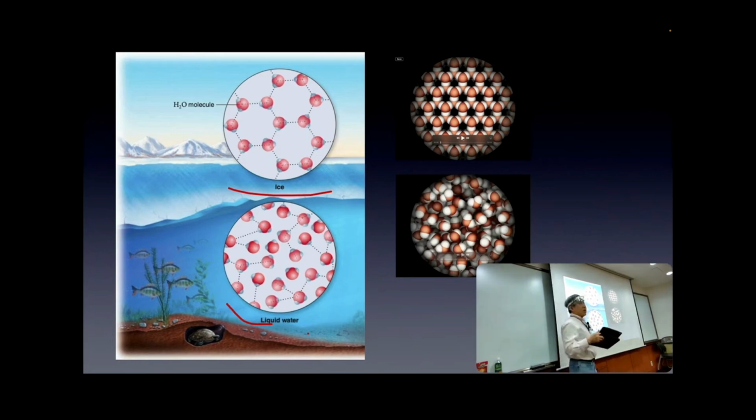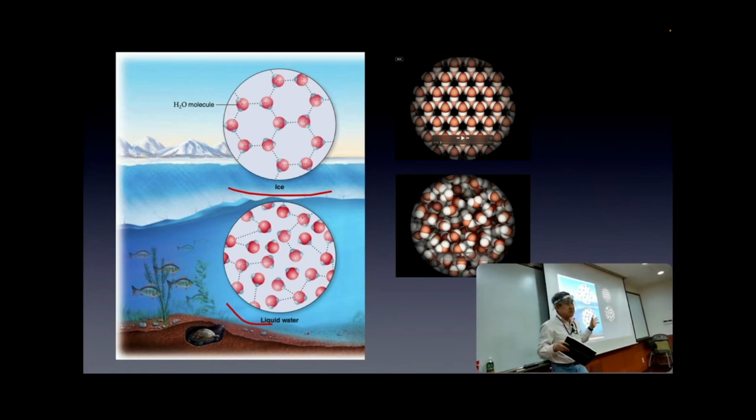Otherwise, every winter we would have to recreate all these life forms, because ice would start forming at the bottom, then everybody would die during the winter, and when spring comes you would have to recreate all those living things.